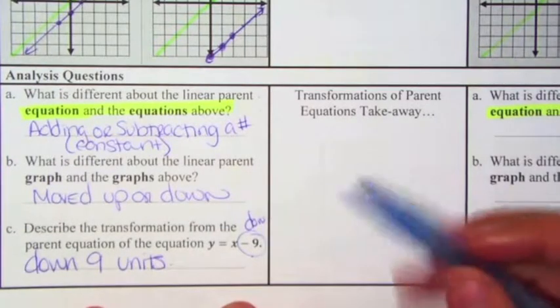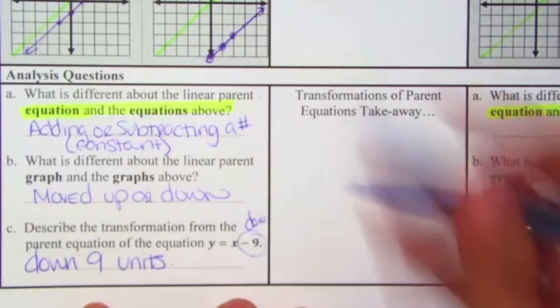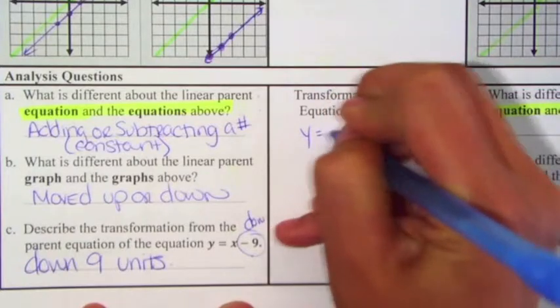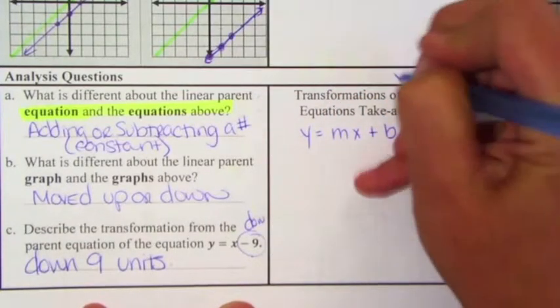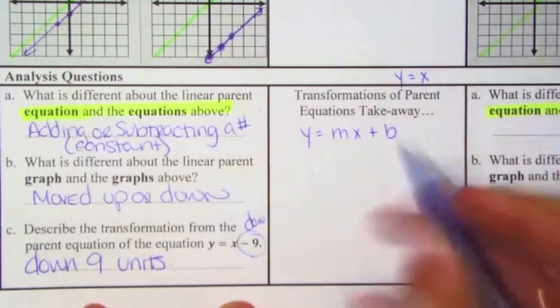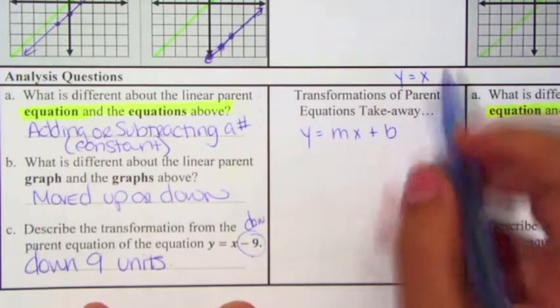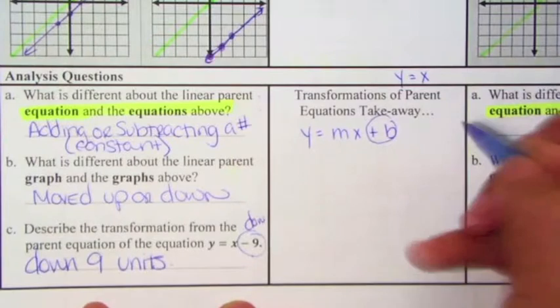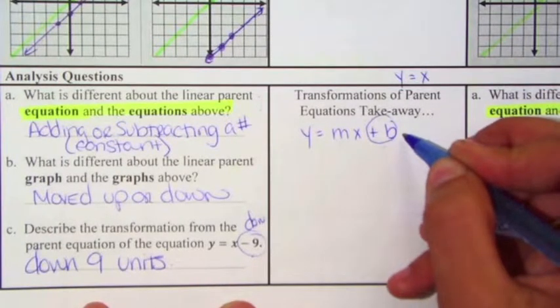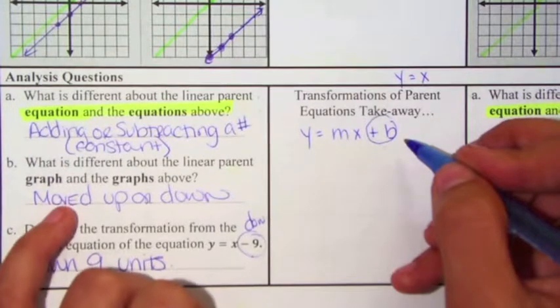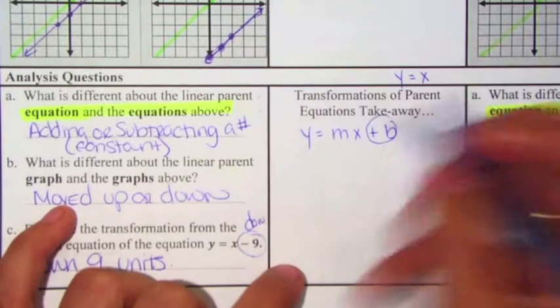So some major takeaways from what we just did. When we're using slope-intercept form, y equals mx plus b, our parent function is y equals x, so there's an m and a b that we're dealing with. Anytime that we're adding something using the constant, it's going to move our parent function up or down.